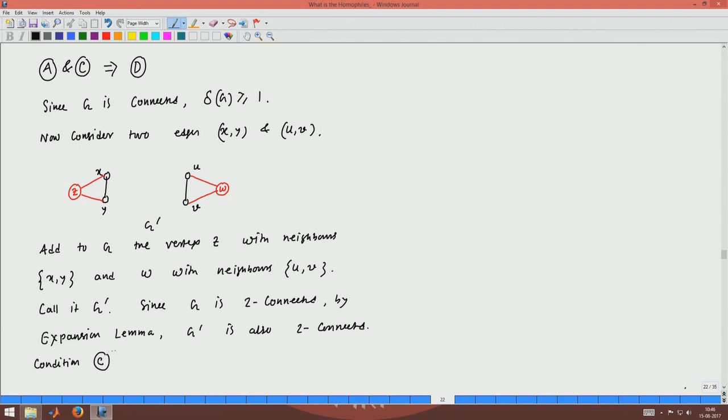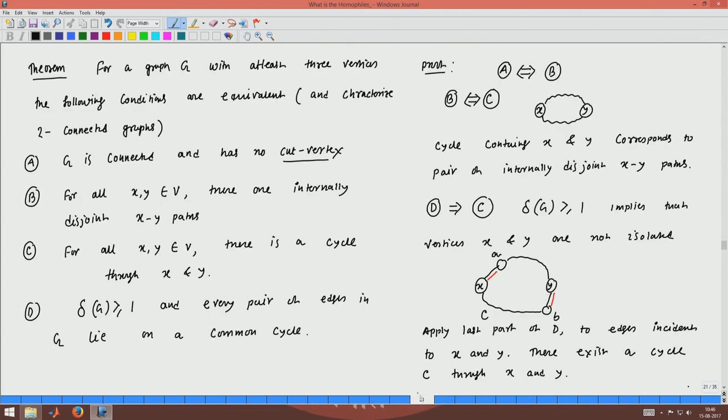Okay. So, condition C says that for every pair of vertices x and y, there is a cycle through x and y.